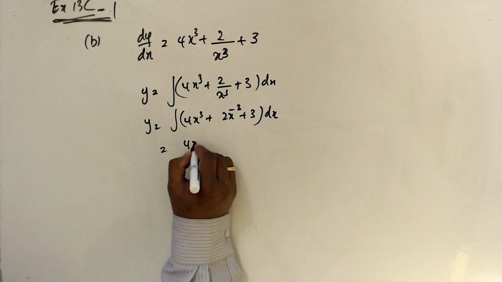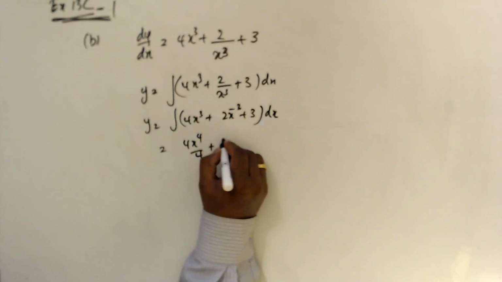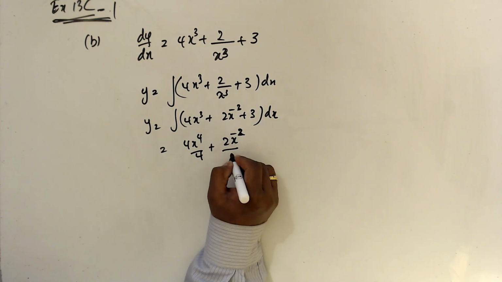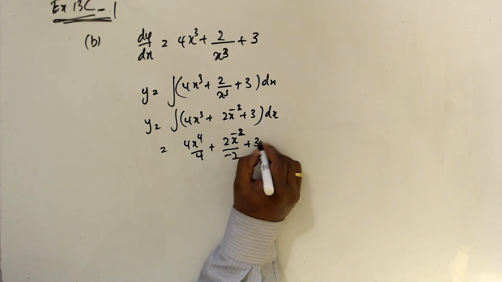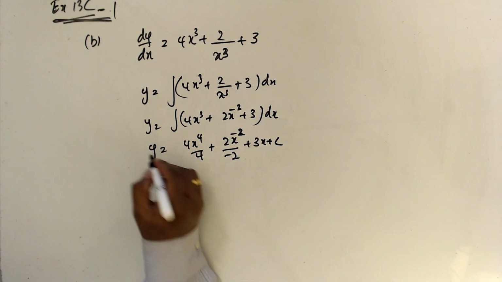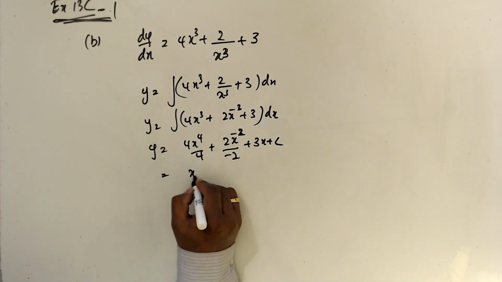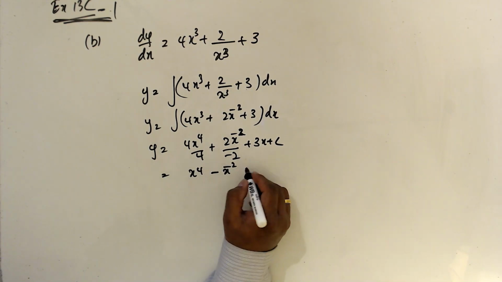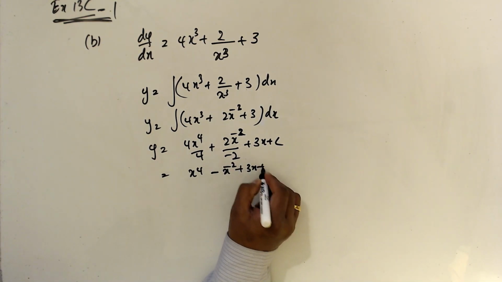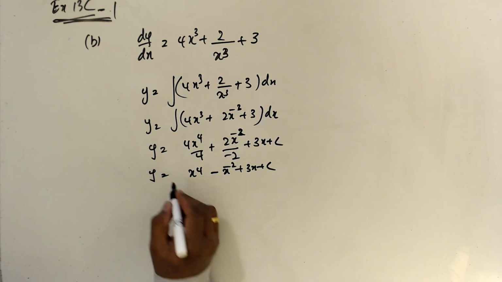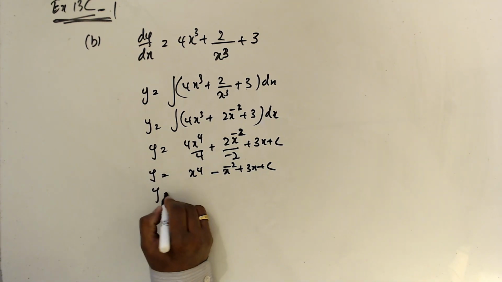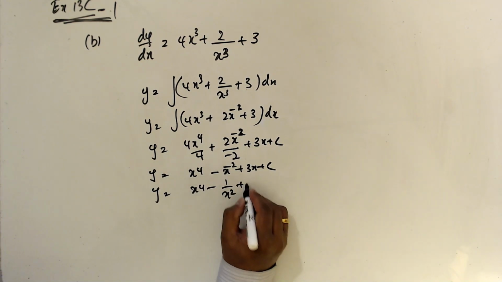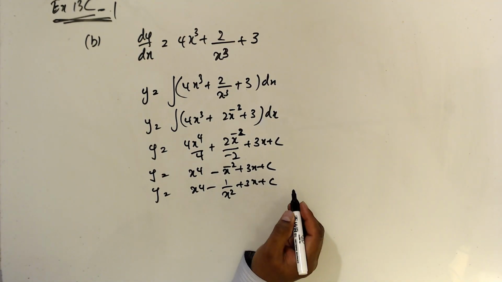So this is 4x to the 4 over 4 plus 2x to the minus 3 plus 1 over minus 2 plus 3x plus c. Now 4 and 4 cancel out, x to the 4. 2 and 2 cancel out, x to the minus 2, plus 3x plus c, equals x to the 4 minus 1 over x squared plus 3x plus c.